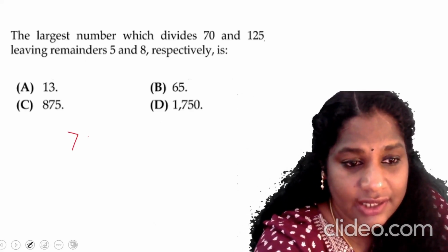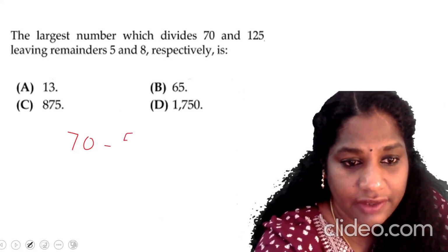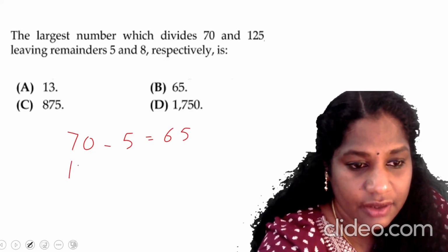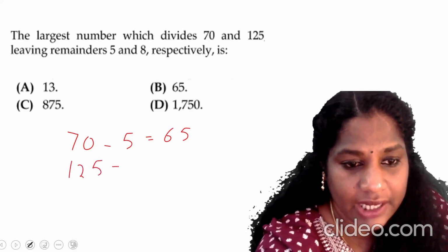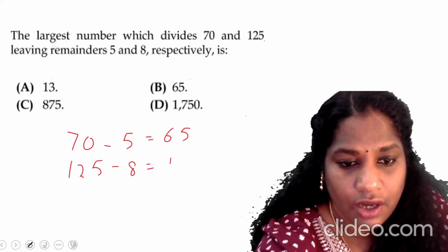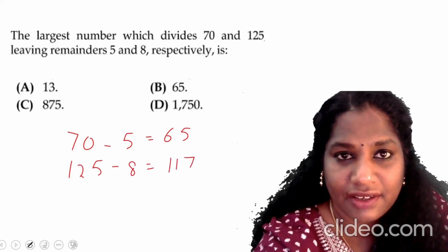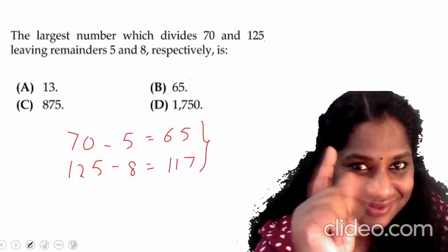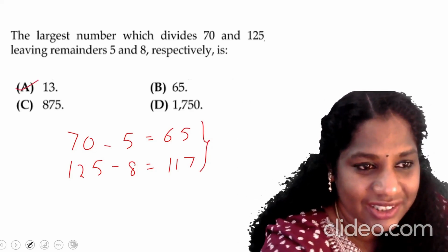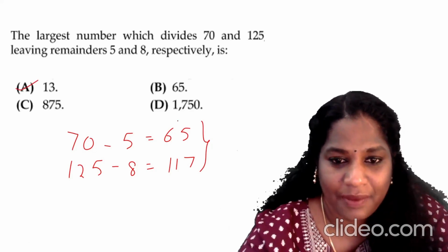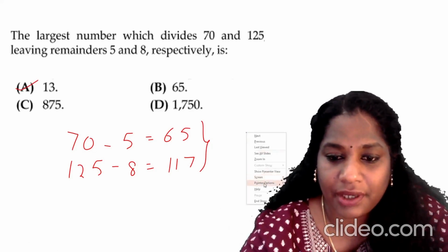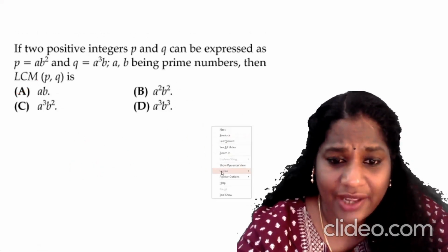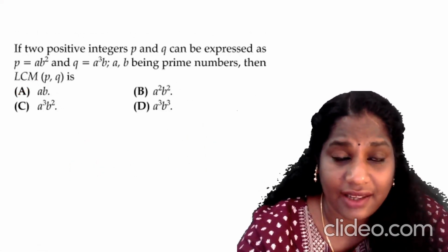Did you do it like this? 70 minus 5 is equal to 65, and 125 minus 8 is equal to 117. So which is your answer? There you go, 13, right? Perfect. So we got option A. Let's go to the next question. I hope that was very easy.